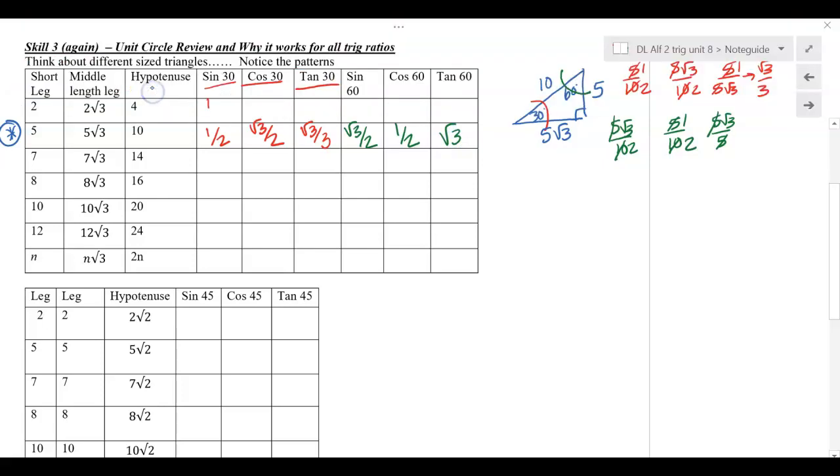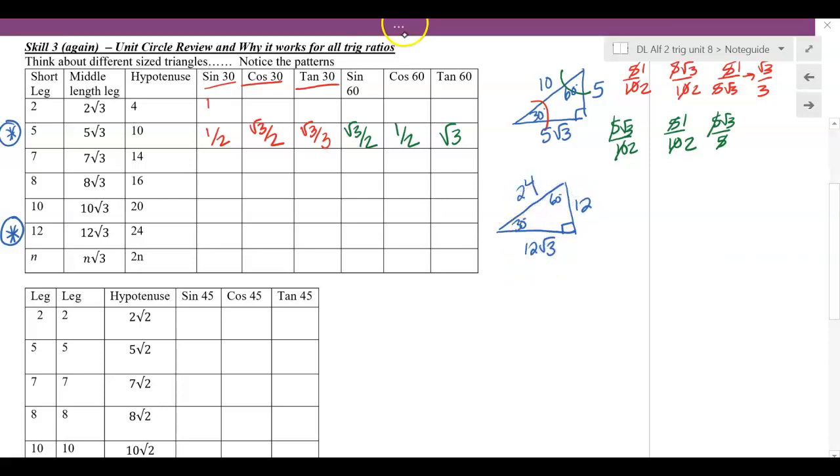Now I'm going to show you what if we decided to build this other triangle instead. What if I built a much larger 30, 60, 90 triangle where across from the 30-degree angle was a side length of 12, then the other side would be 12 rad 3, and the hypotenuse would be 24.